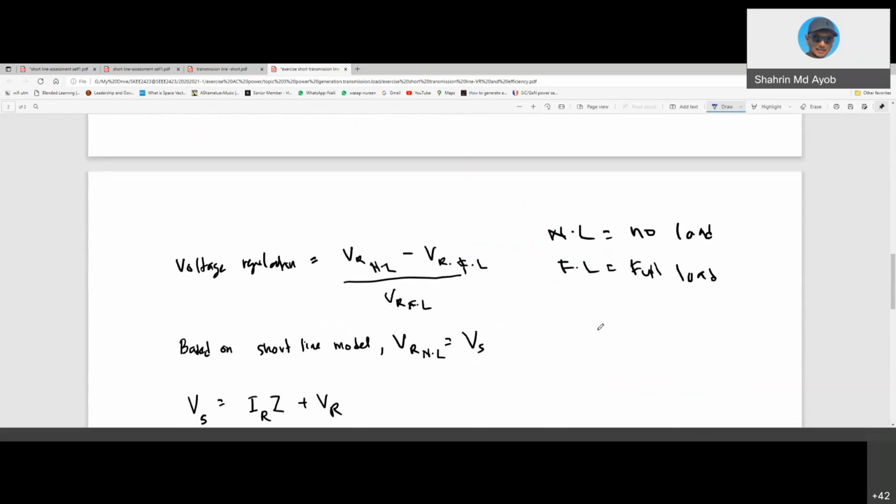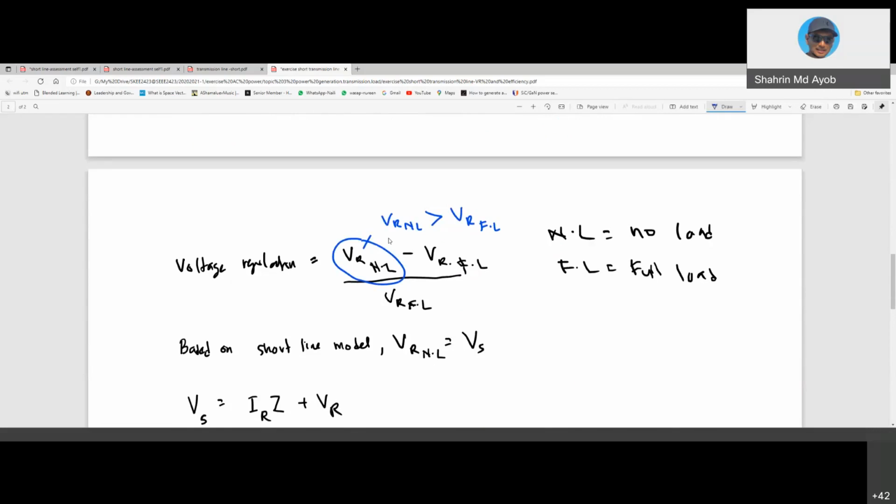So the first question is the voltage regulation. As mentioned before, you need to memorize this. Usually V_R no load is always higher than V_R full load, because you haven't yet connected the load, so the voltage should be higher.